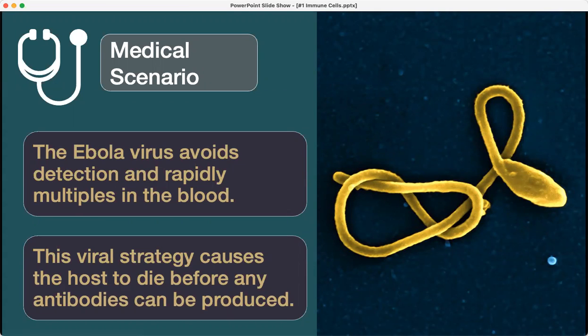So this is another couple questions. What about this situation? This is the Ebola virus. It is incredibly deadly within just a few days. Ebola virus avoids detection, rapidly multiplies in the blood, and it causes such an overwhelming infection within the bloodstream, kills off all the organs. So the host ends up dying before any antibodies can be produced.